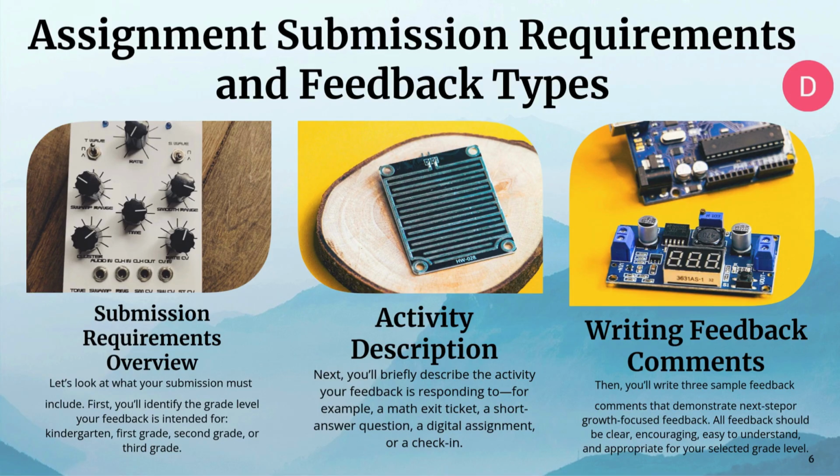For example, a math exit ticket, short answer question, digital assignment, or check-in. Then write 3 simple feedback comments that demonstrate positive reinforcement, growth-oriented guidance, and clear next steps. All feedback should be encouraging, easy to understand, and appropriate for selected grade levels, K through 3.